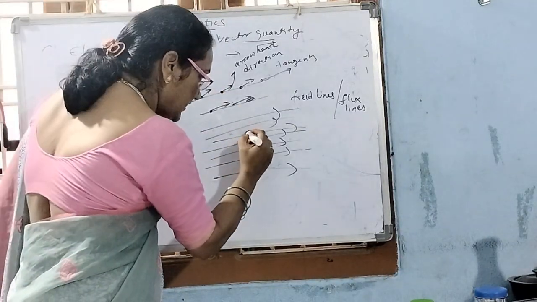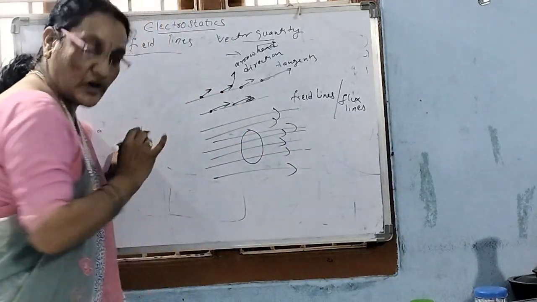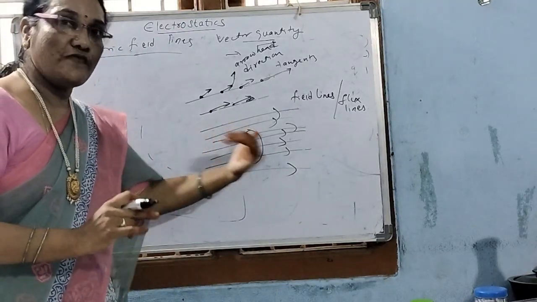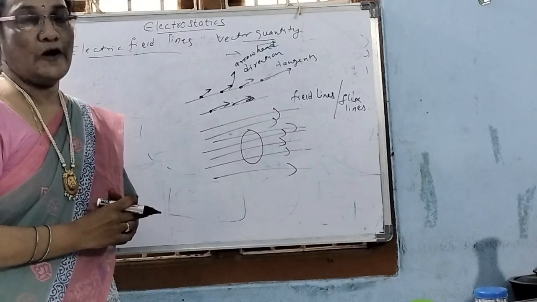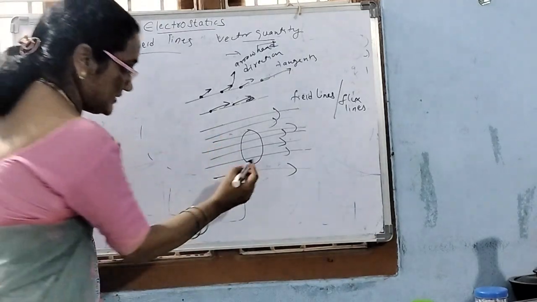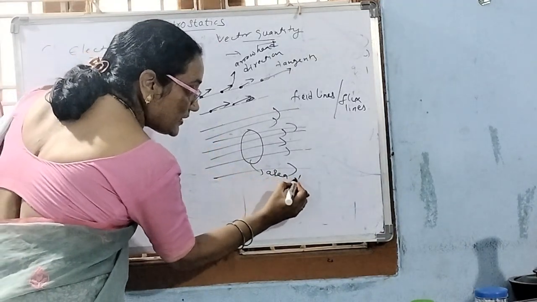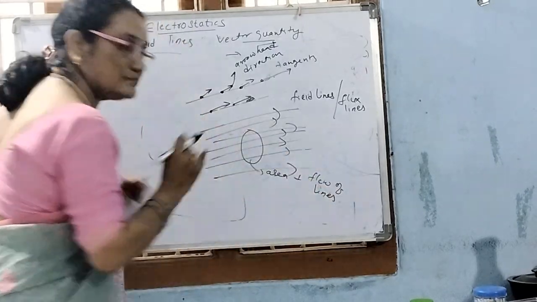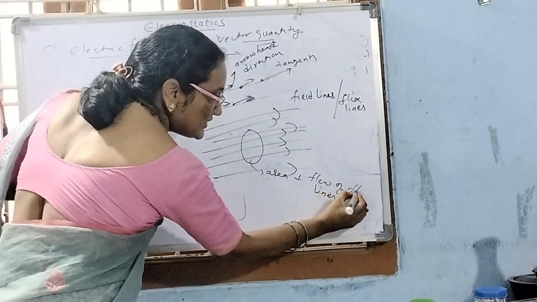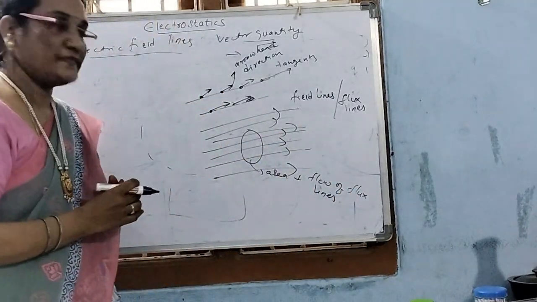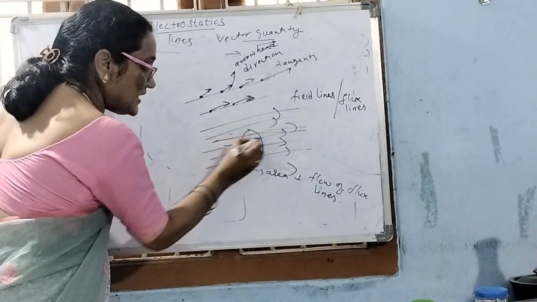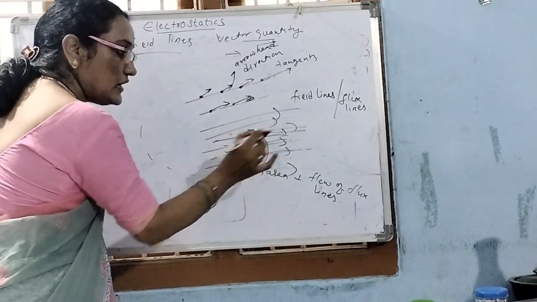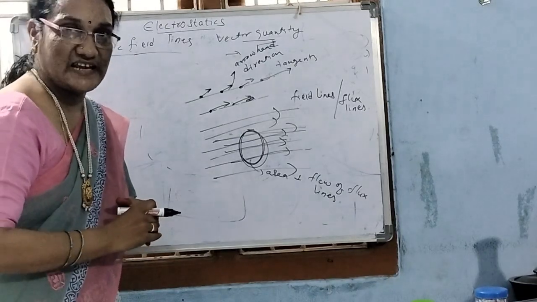Now, I'm considering an area perpendicular to the flow of field lines, or flux lines. See, these are the particular flux lines passing through this area normal to the flow of flux lines.